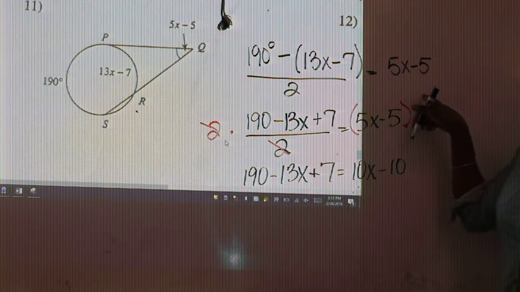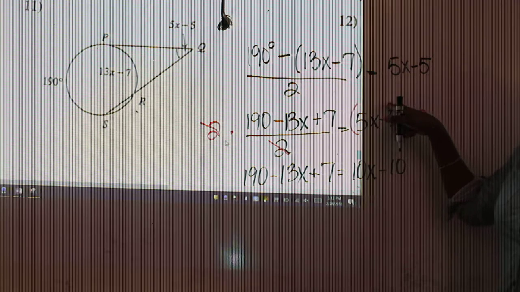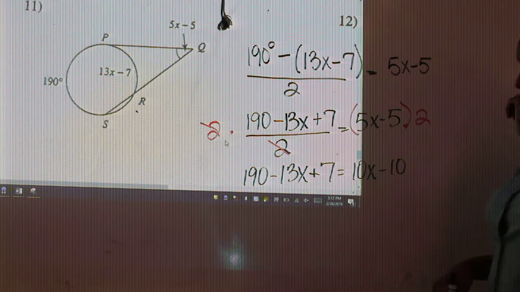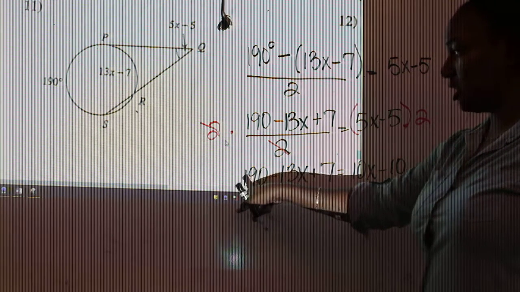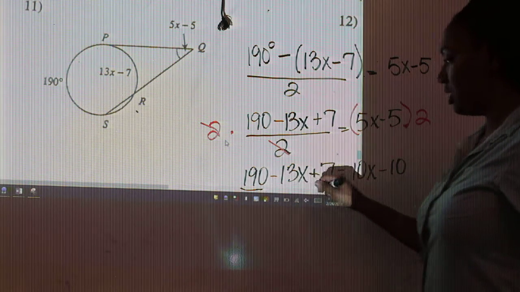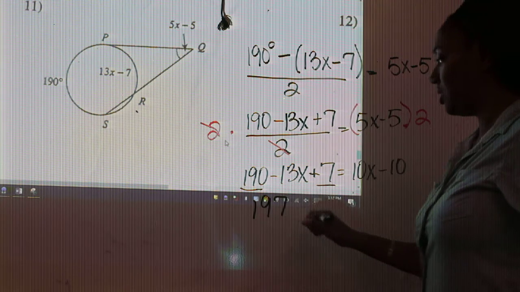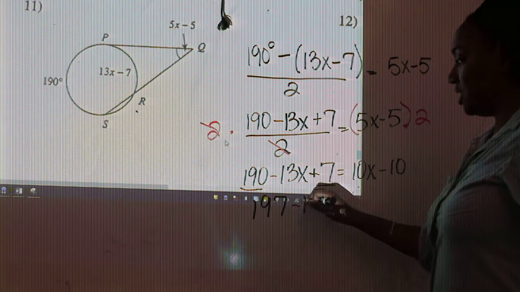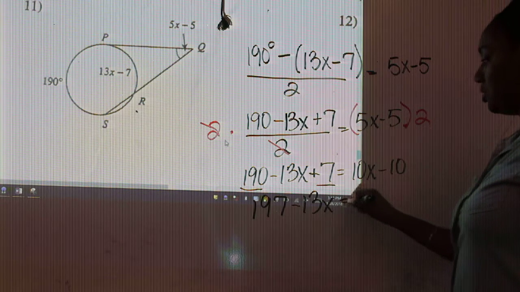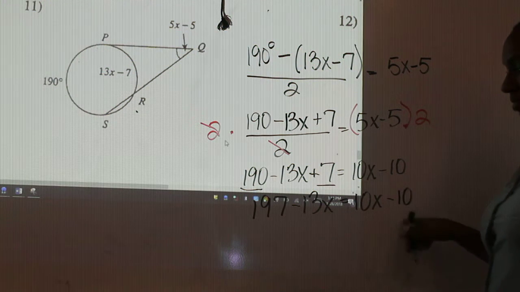I just distribute the 2 to the 5x and to the negative 5. Now, let's combine these like terms. 190 plus 7, these two together, give me 197 minus 13x is equal to 10x minus 10.